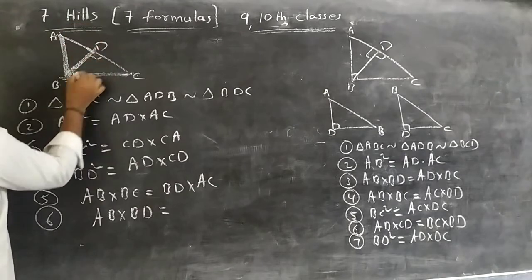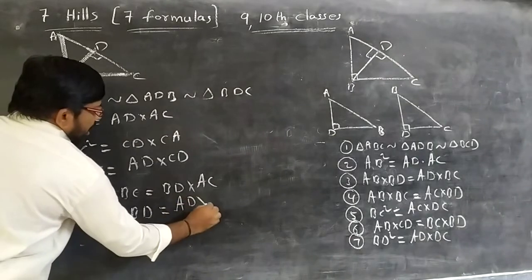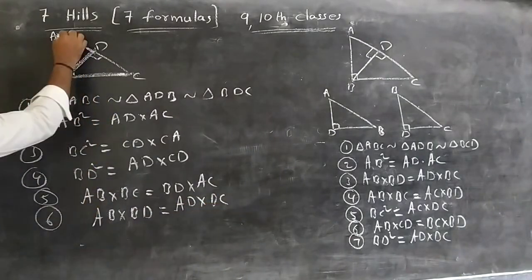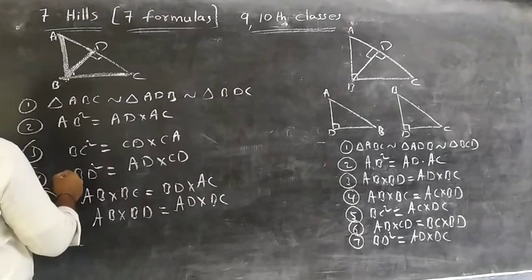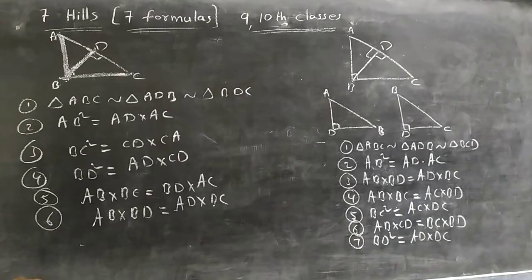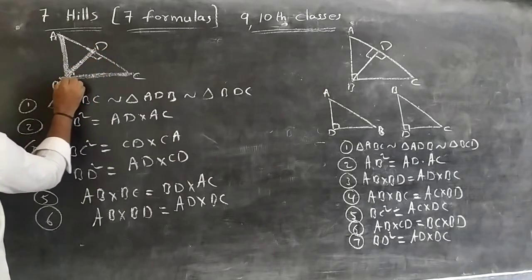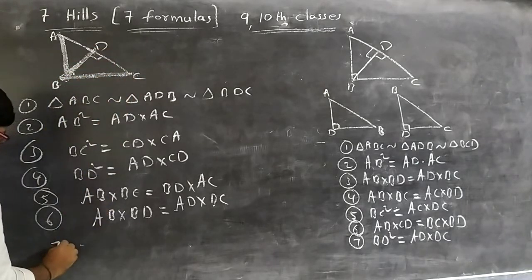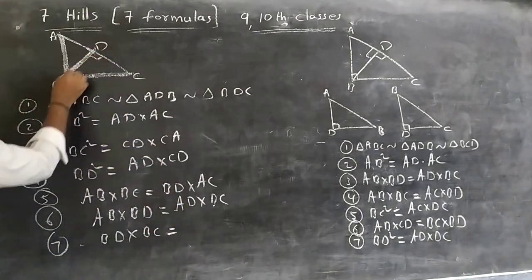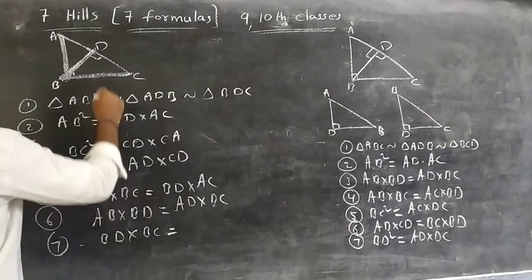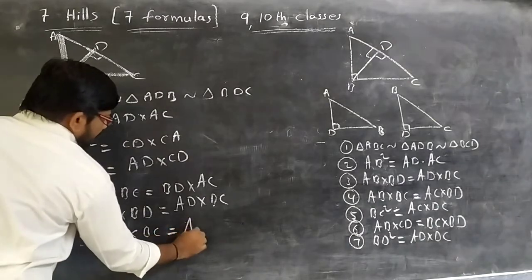Next, BC into BD, or BD into BC, is equal to CD into AB, or AB into CD.